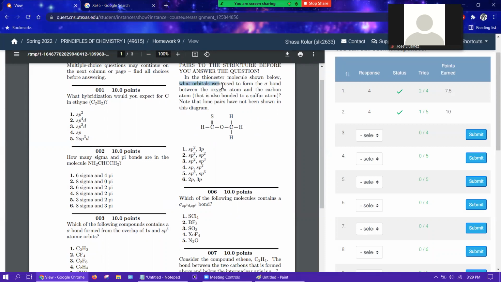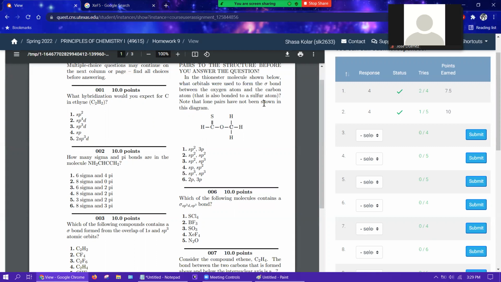What orbitals were used to form the sigma bond? That's the sigma between the oxygen atom and the carbon atom. So it's this one, right? What it's saying is, what is the hybridization? If it was asking about a pi bond, right, this is a sigma.